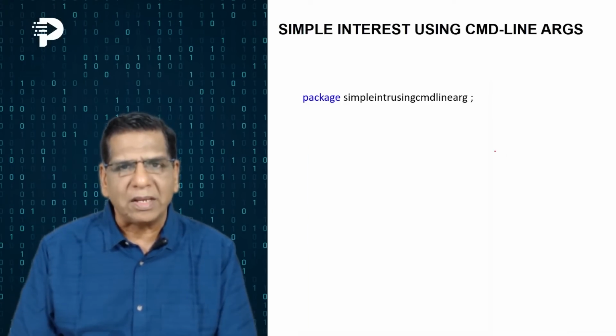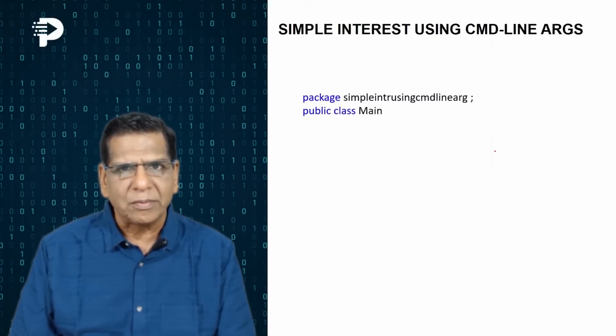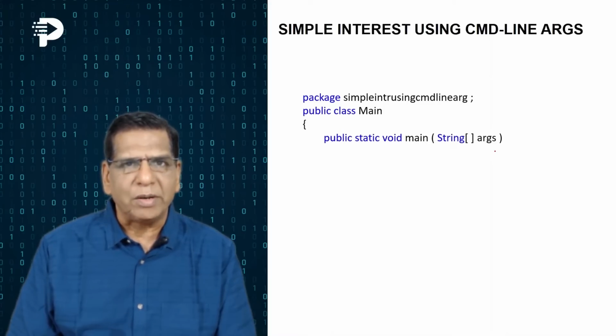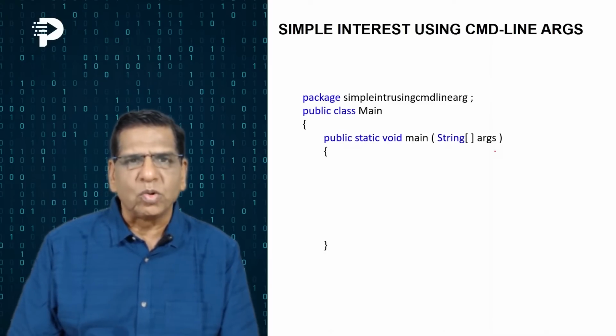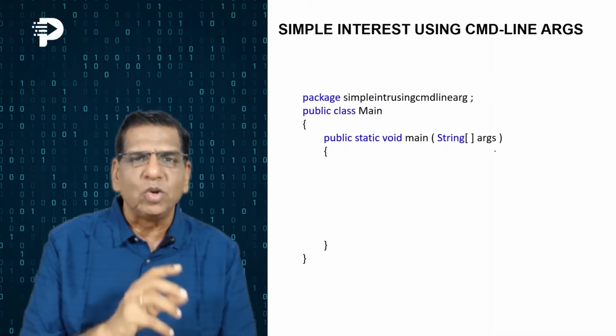Start with a package by the name simple interest using command line arguments. Then some public class main, inside which we have the public static void main. Within this, we will write the code to convert the stringized numbers into their numeric equivalent.